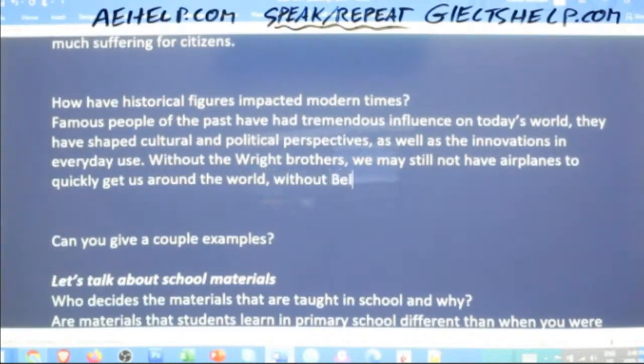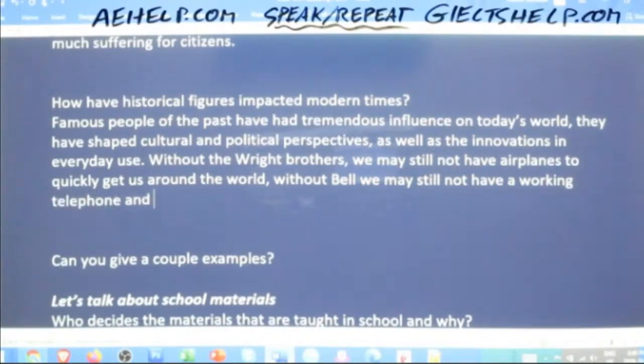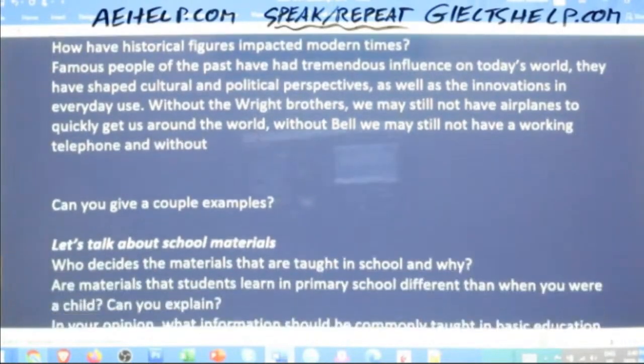Without Bell, we may still not have a working telephone, and without Lincoln, we may still have more caste societies.